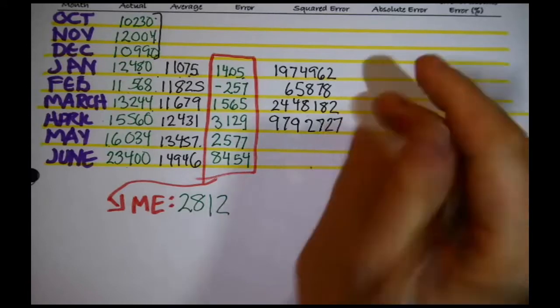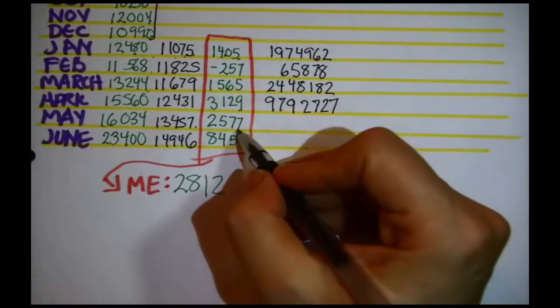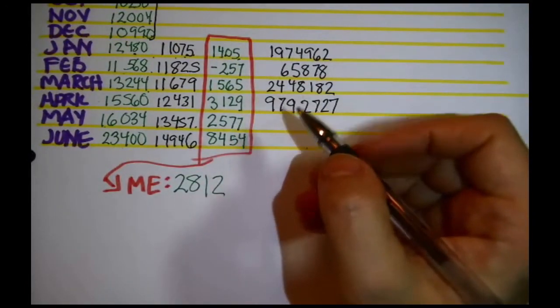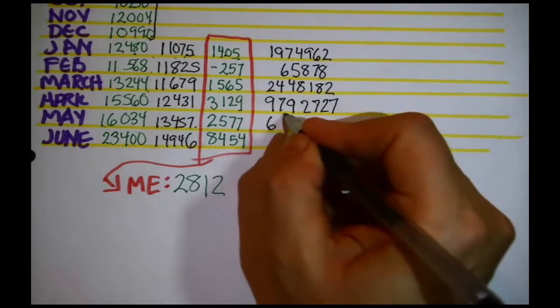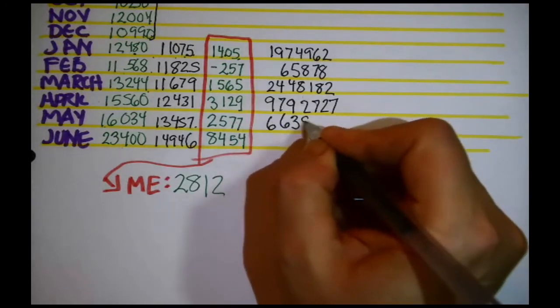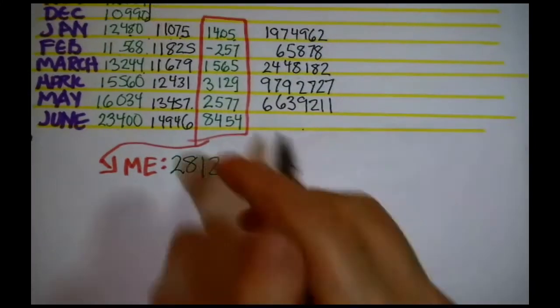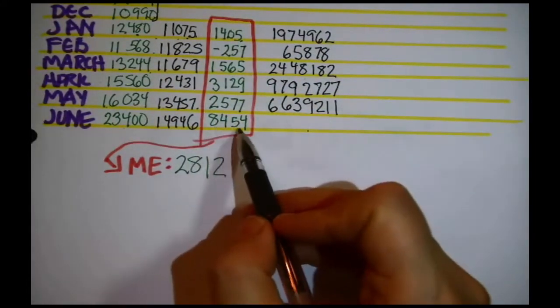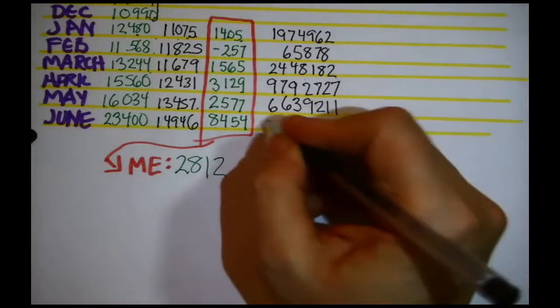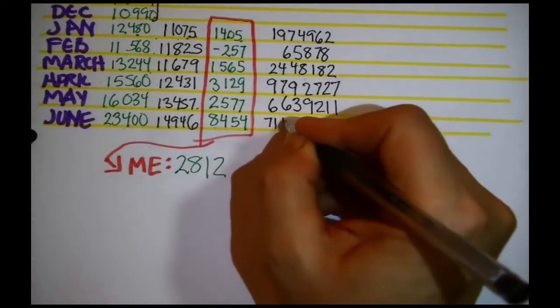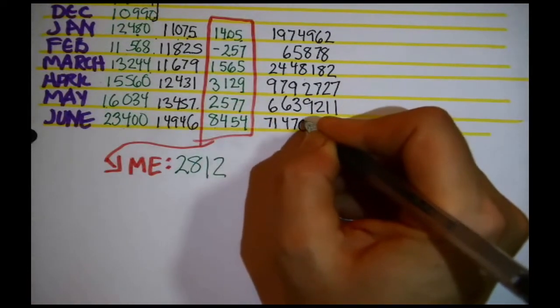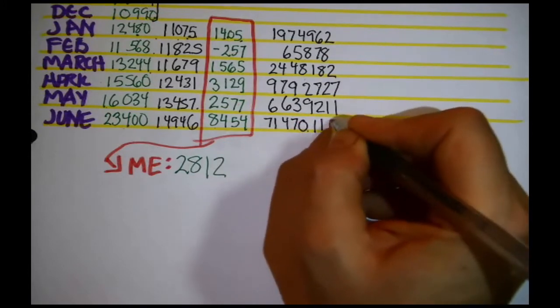In April, if you square this error right here, I get 9,792,727. In May, if you square 2,577, I get 6,639,211. And stand by. In June, if you say 8,454 squared, 71,470,116.